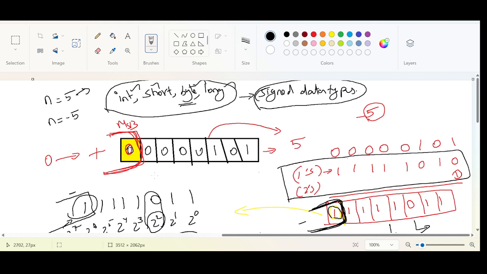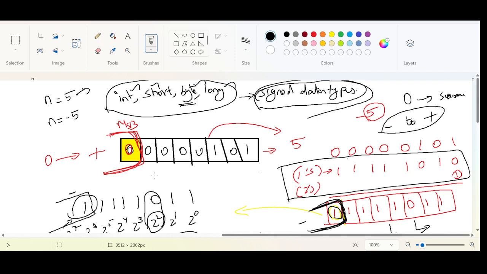If it is not a signed data type, you cannot store negative numbers. As simple as that. All you can store is numbers starting from 0 to some positive number. When you say signed, it means negative numbers to positive numbers can be stored.